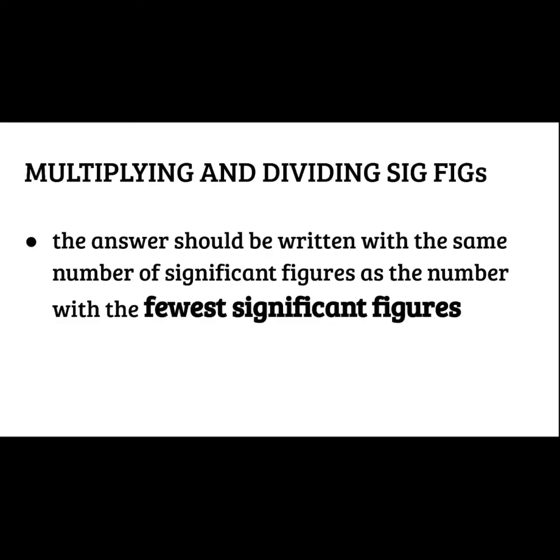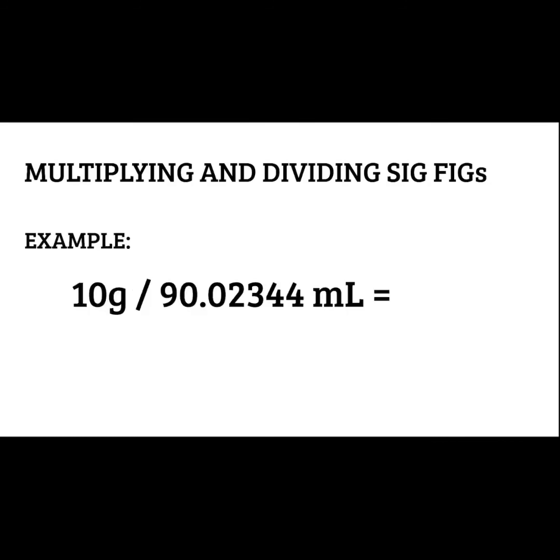Okay. Multiplying and dividing is pretty similar. The answer should be written with the same number of sig figs as the number with the fewest significant figures. So, in the question, I have 10, which is only 1 sig fig. And then I have 90.02344.